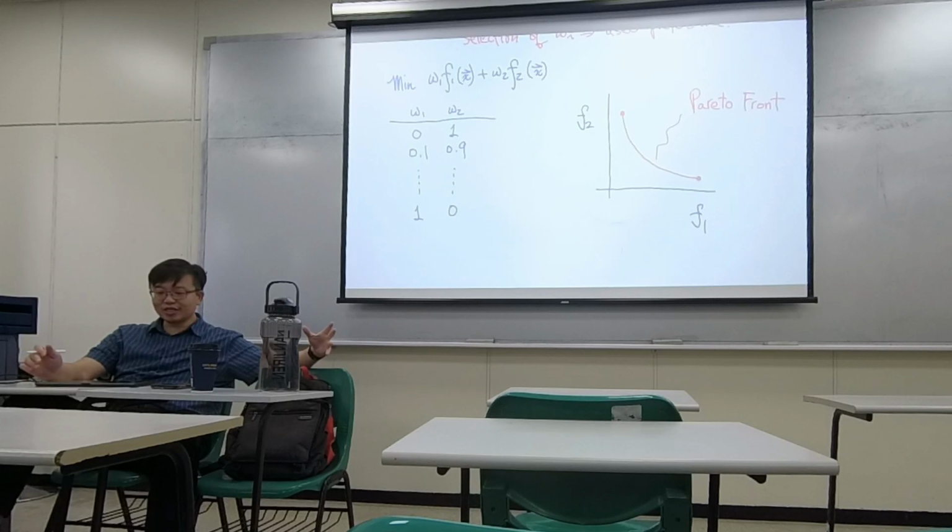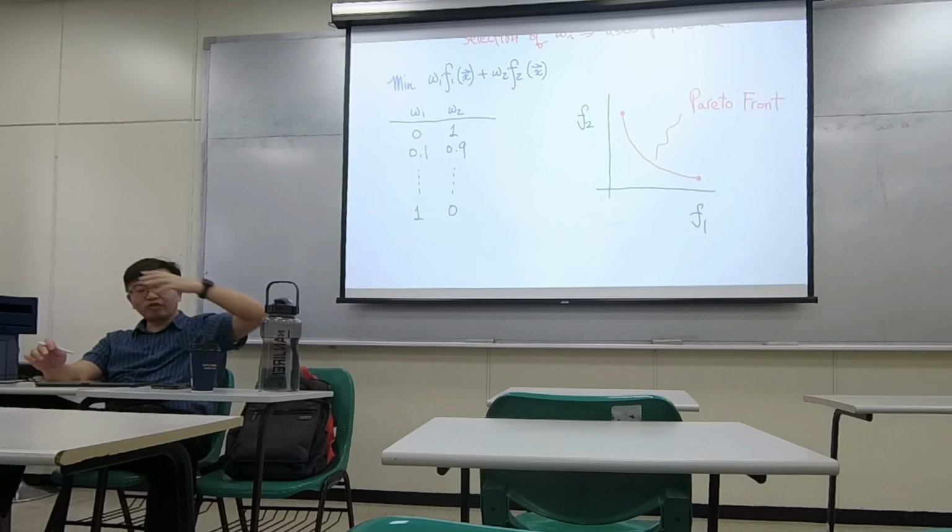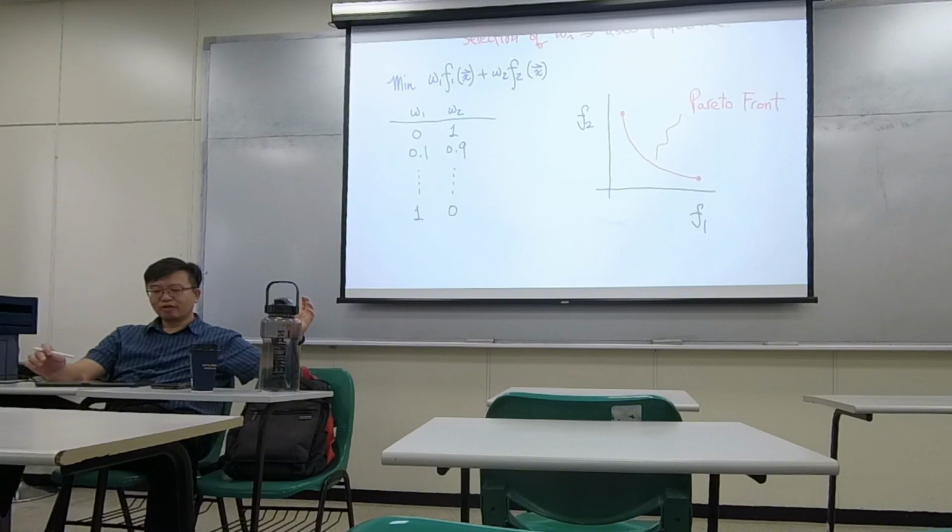What's going on is if you have 0 W1, then only F2 dominates. W2 and F2 dominates. So you will be getting the minimal F2.